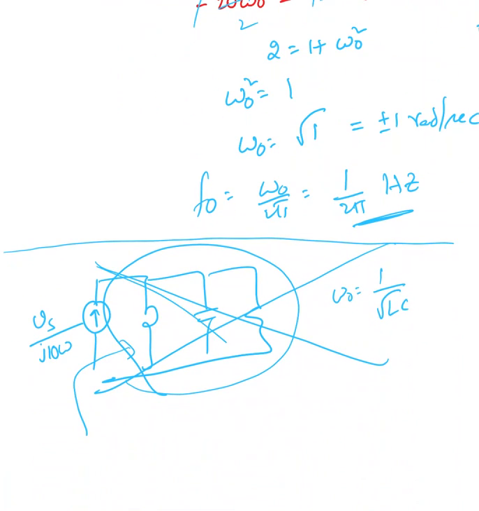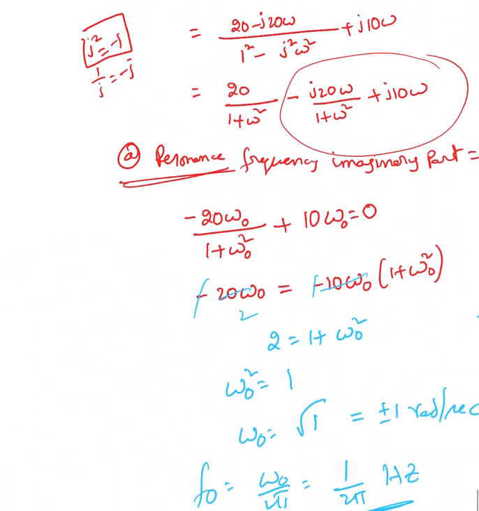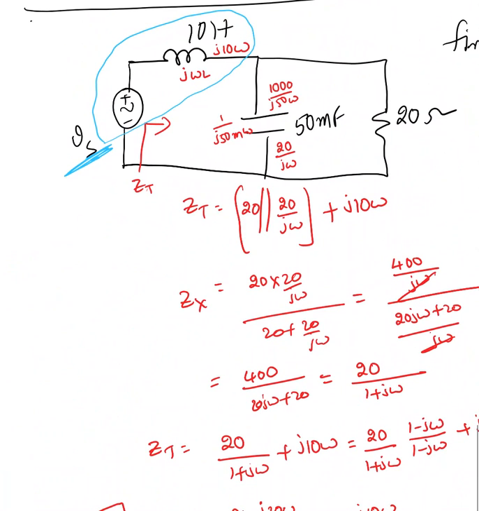Don't do this. All you need to do is find the total impedance by looking at the circuit from the source point of view, then find the imaginary part and make it equal to 0 to find the resonant frequency. So never ever transform the circuit by using the source transformation theorem to simplify it when finding the resonant frequency. Never ever do that.